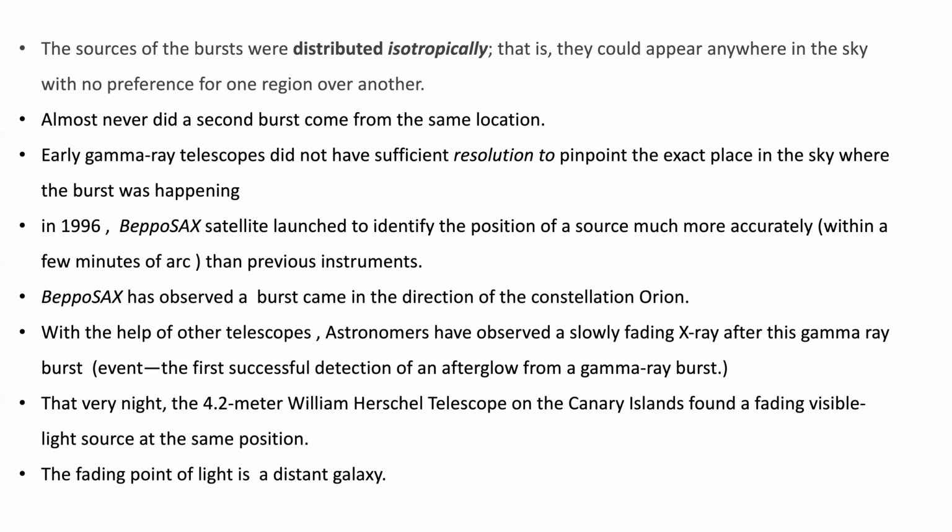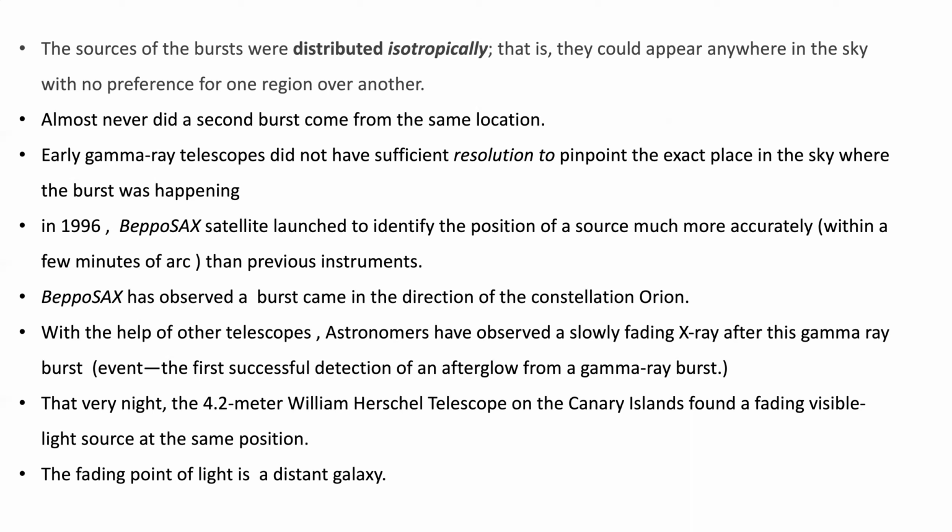And this satellite observed one burst coming from the constellation Orion, and all of you know about this Orion constellation. After they located this burst around Orion, they used other telescopes to observe the same location, and what they found is a slowly fading X-ray source after the gamma ray burst.